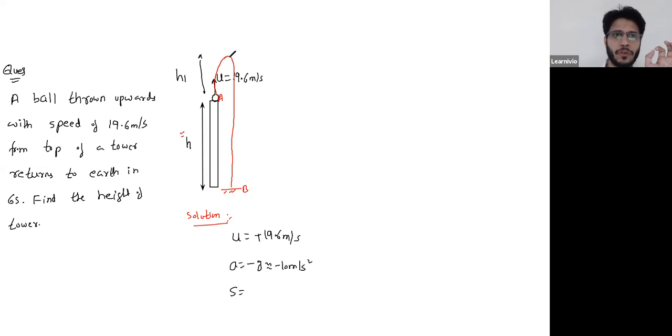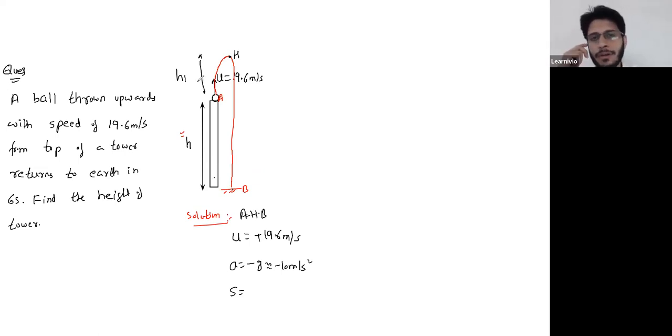I'm considering motion from A to some point h and then to B. The motion is from A to a highest point h and then back to B. I need displacement from A to h and then h to B. If I throw this body from A, it travels up to h and finally strikes the ground at point B. This height is h, this height is h1.